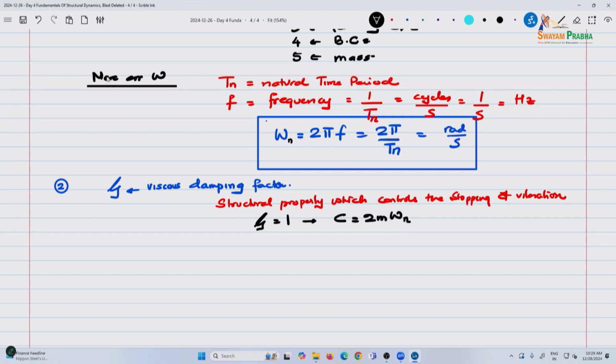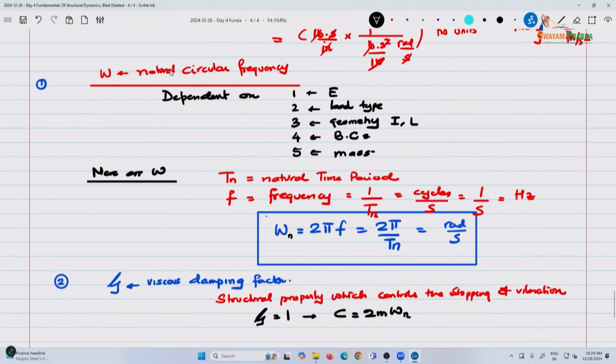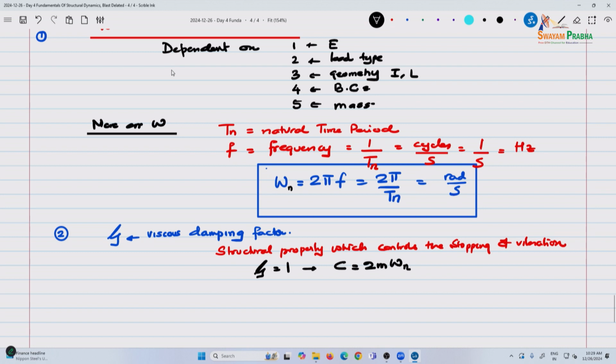We started with that definition. So this is 2m omega n, and this is what is called a critically damped system.